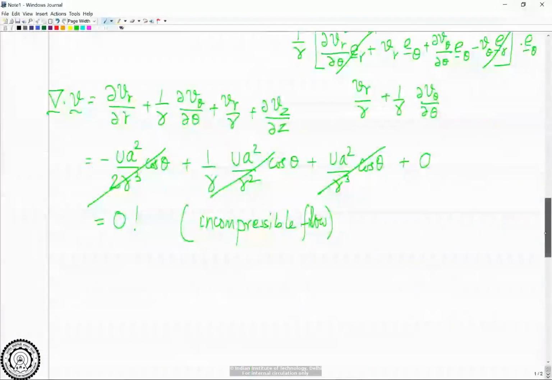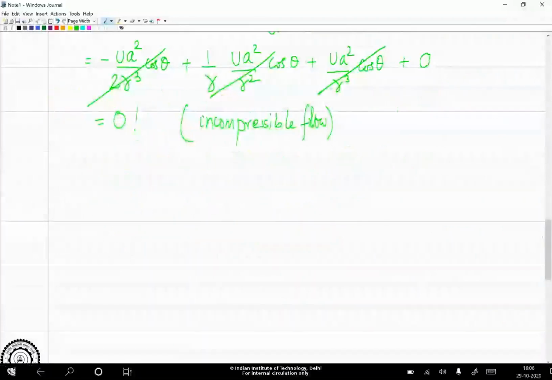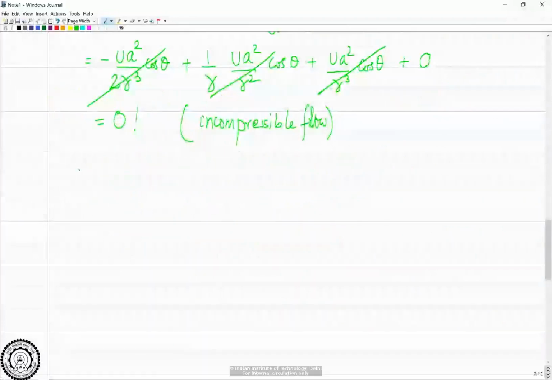Now the final thing is the acceleration. So acceleration we know is del V by del T plus grad V into V, right? And this is 0 here.